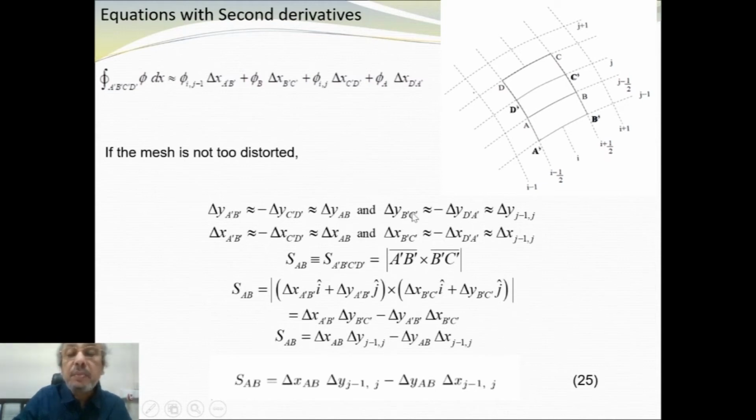Now component wise we have found out each component. If we substitute them, the final expression will be SAB equal to delta x AB into delta y j minus 1 j minus delta y AB into delta x j minus 1 j. That is the area of this quadrilateral A prime B prime C prime D prime.